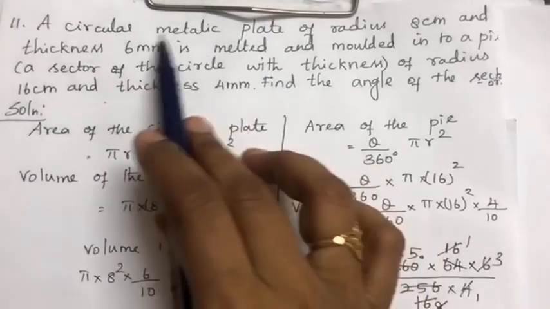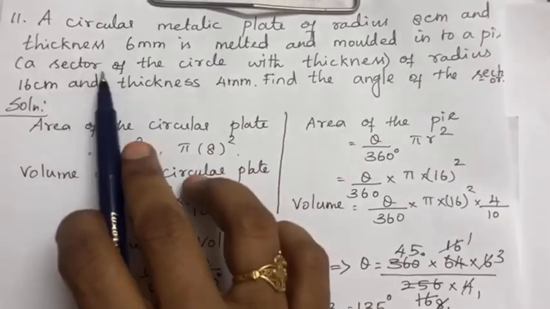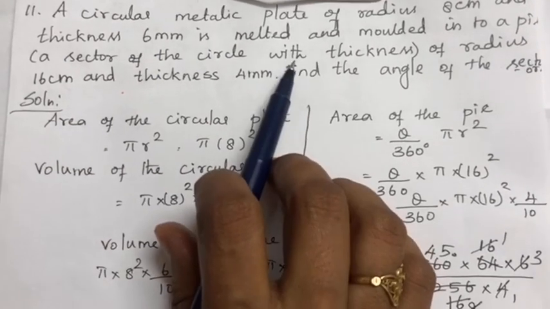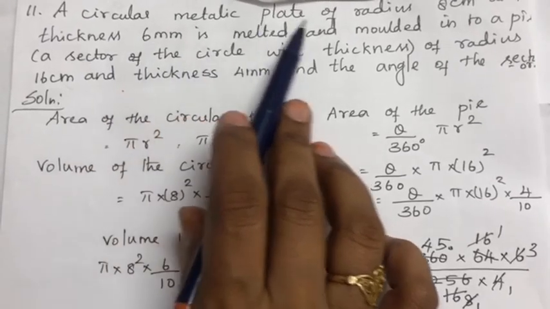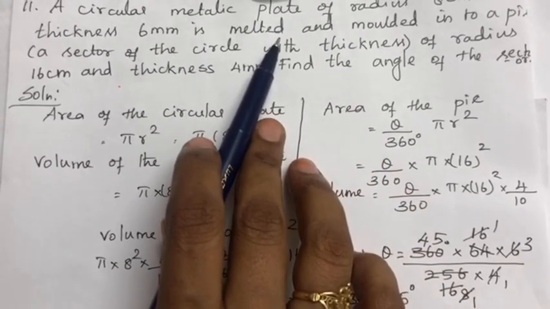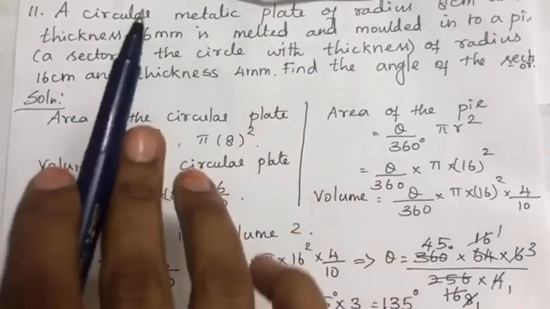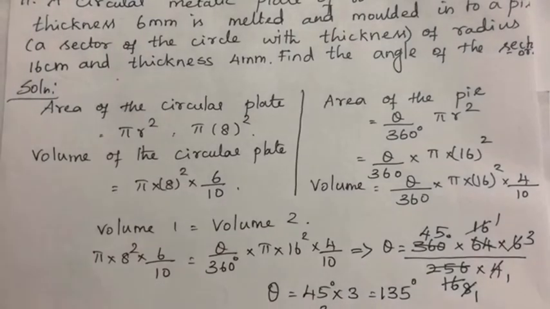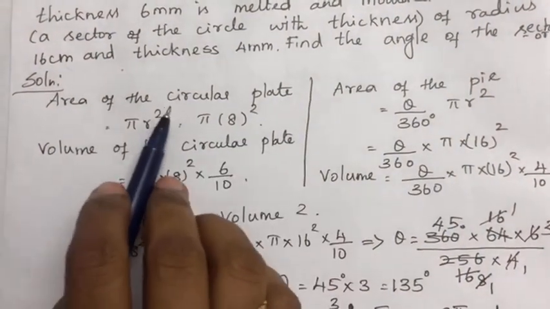So, the volume for both the metallic plate and the sector is equal. Isn't it? So, we have to find the volume of the metallic plate and the sector of the metallic plate, and if you equate both the volumes, you will get the angle. Area of the circular plate, that is pi r square.